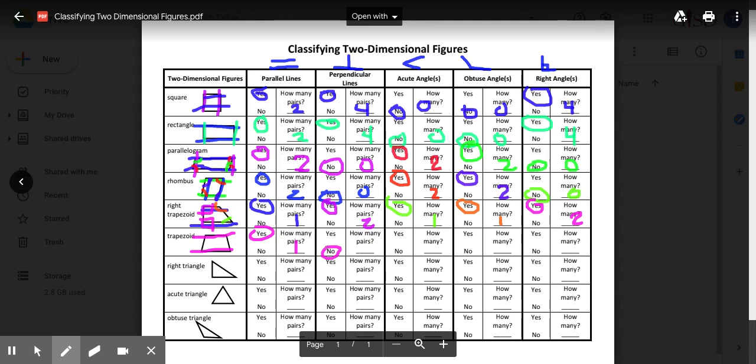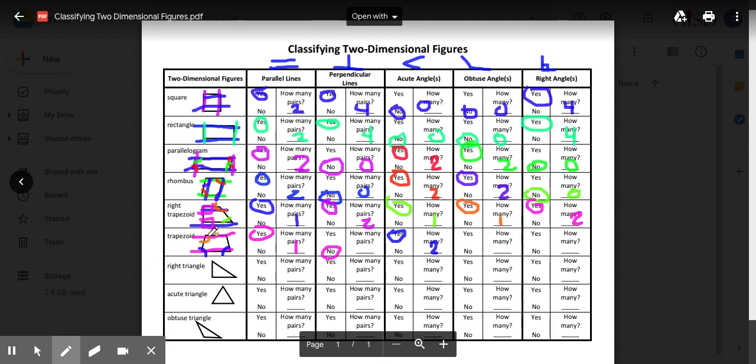Next question says, how many acute angles do I have? The answer to this is yes, I have them, and there's one here and one here, so there are 2 of them. The next question asks you how many obtuse angles do I have?